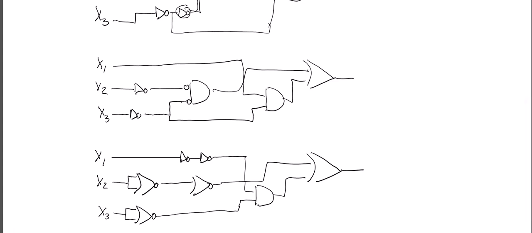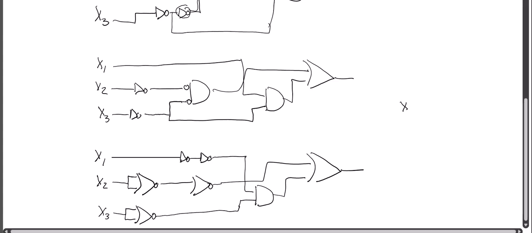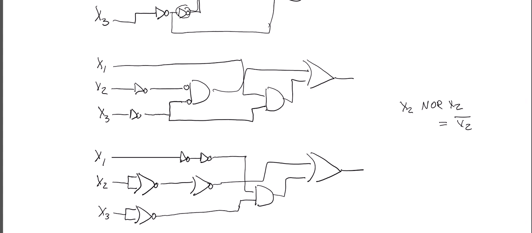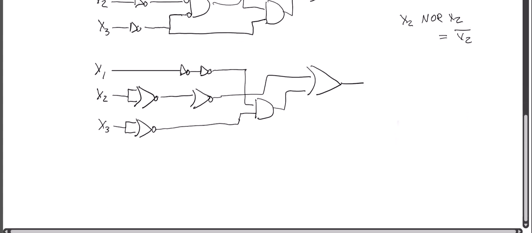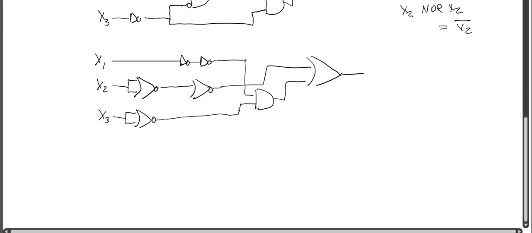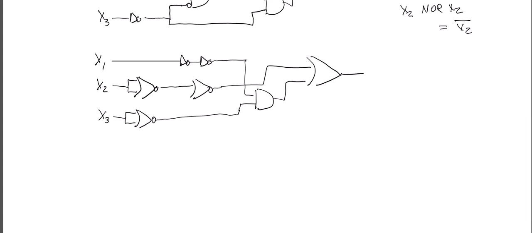And if I have x2 NOR x2, that's the same as not x2. So if I needed to use only NOR gates, I can replace the NOTs with those. And then I also put in two NOTs on this x1 because I'm going to slide that down to here.